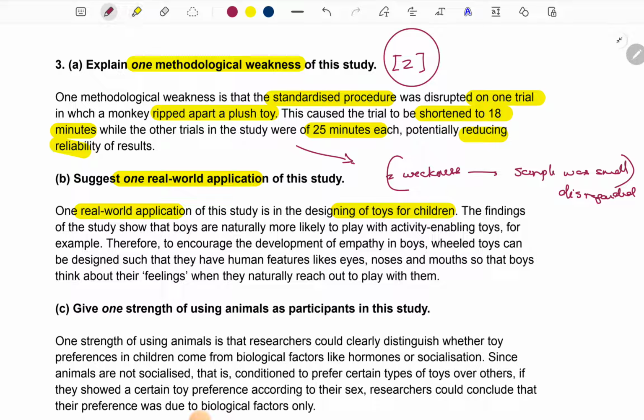Most students write these answers well, application to everyday life, so I don't have much to say. The only thing is not confusing it with generalizability. Some students take application to everyday life as generalizability from laboratory settings to field settings. That's not what they're asking you for. Application to everyday life just means practical usefulness.